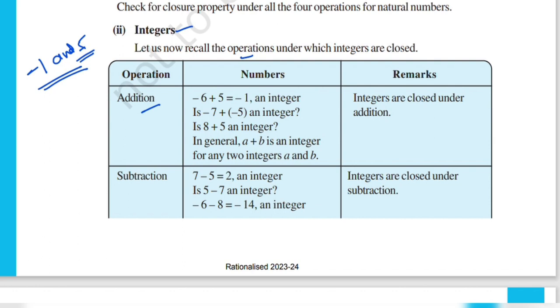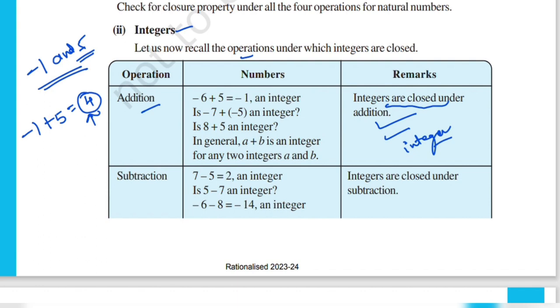Firstly, addition. When we add both of them, -1 plus 5, what will you get? You will get 4. Is it an integer? Yes, of course it is an integer. So you know that integers are closed under addition, because whenever you add two integers, you will definitely get an integer. Now what about subtraction?